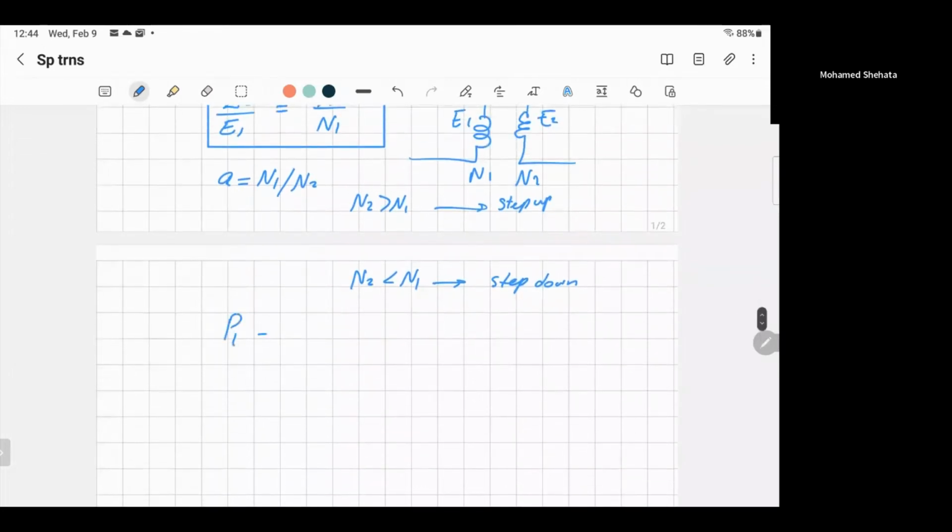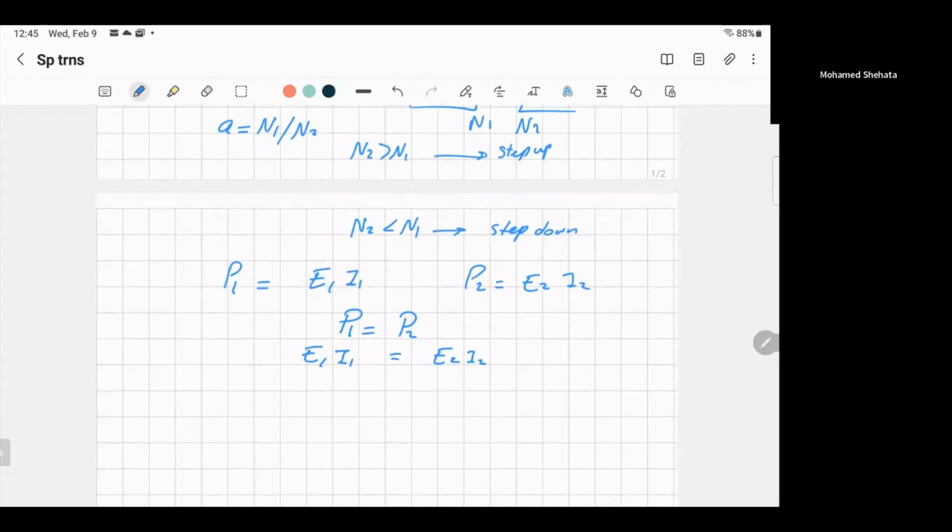P1 will be equal to E1 I1. What is the power of the output? E2 I2. Assuming ideal transformer, you will have P1 equal P2. So you have E1 I1 equal E2 I2.